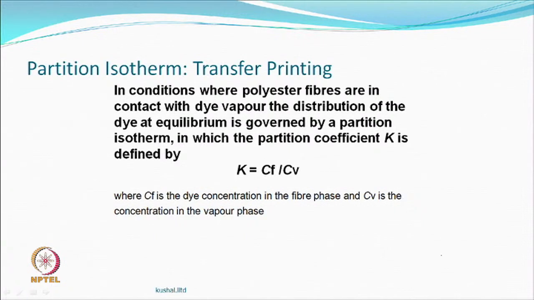We are not talking about how much dye was present in the ink on the paper. It is very difficult to find a correlation there. So, we are only interested in the dye which is in the vapor form. So, all we have to do is ensure that there is enough concentration of the dye in the vapor.